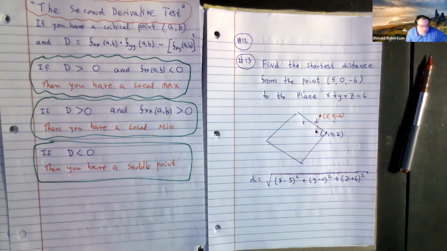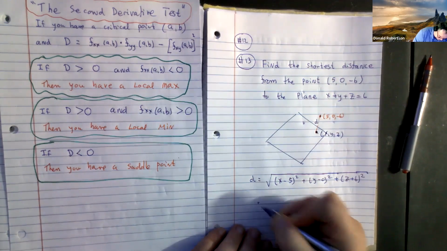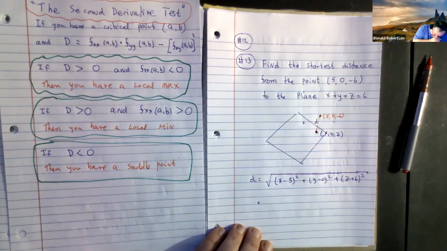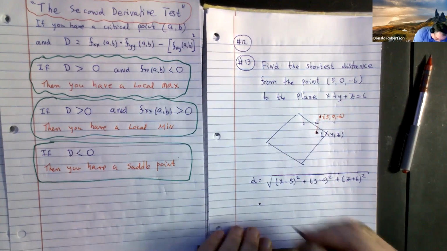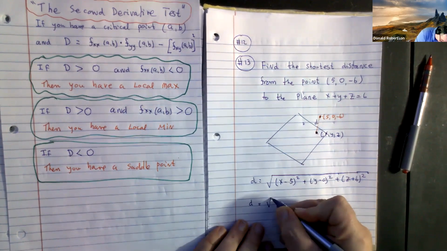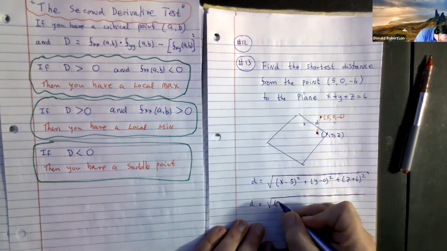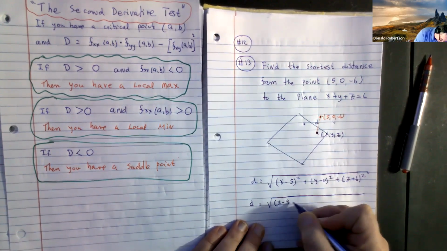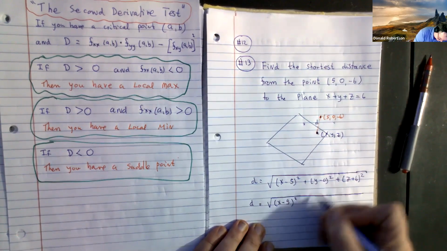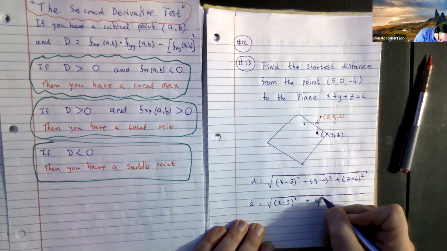So far, so good? Now, I'm going to change the way this function looks. I'm going to leave it as x minus 5 squared. I'm going to call that guy y squared.